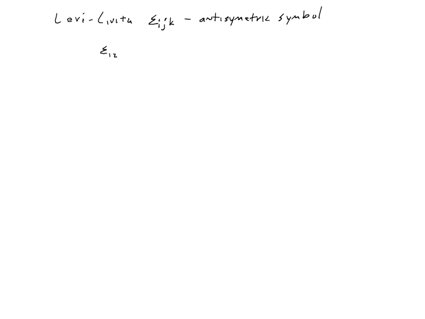And what that means is if you have epsilon 1, 2, 3, or epsilon 2, 3, 1, or epsilon 3, 1, 2, they're all equal to 1. And if I had epsilon 2, 1, 3, or epsilon 1, 3, 2, or epsilon 3, 2, 1, these are all equal to -1.